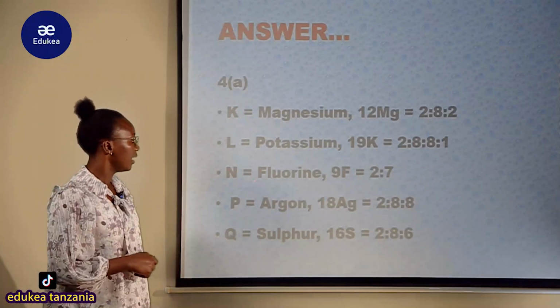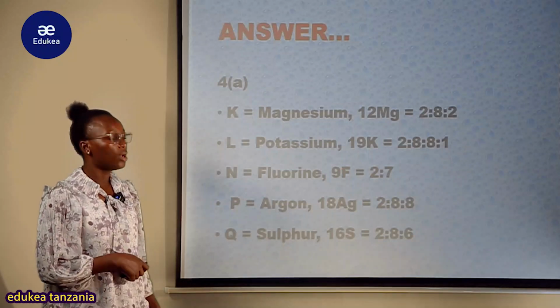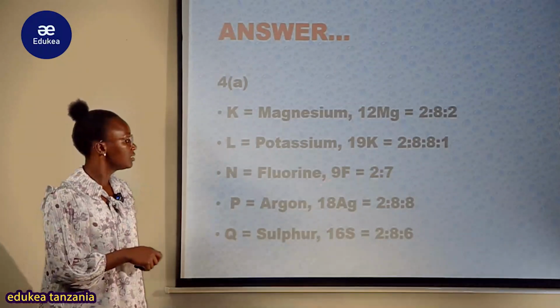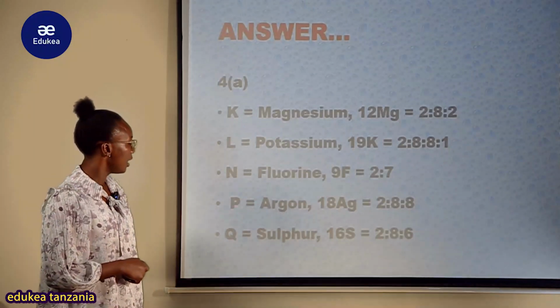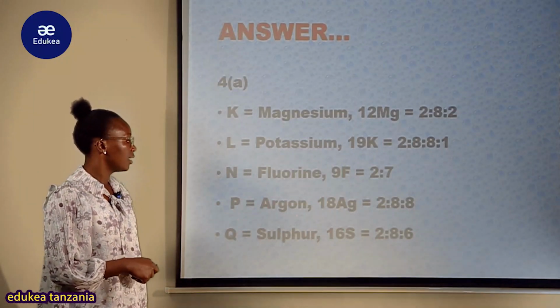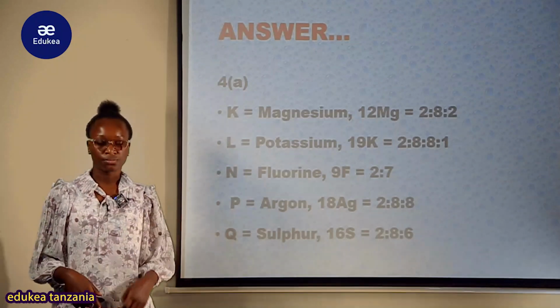But also tulikuwa na N, ambayo N inarepresent fluorine element, therefore inakuwa na atomic number ya 9. Kwa hiyo itakuwa ni 9F, ambayo sasa ina 2:7. But also here P ilikuwa ni argon, ambapo argon ni ya 18.